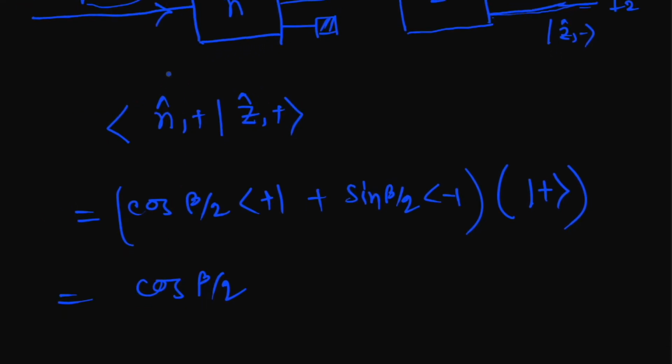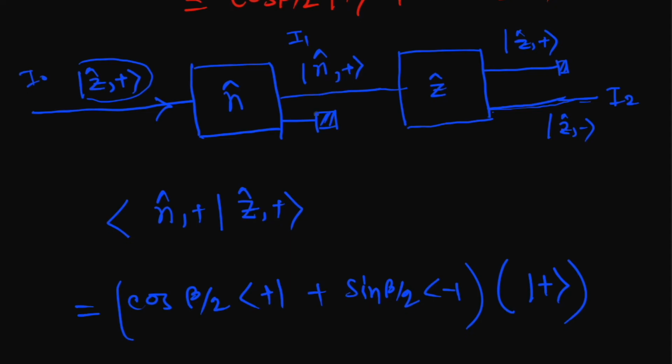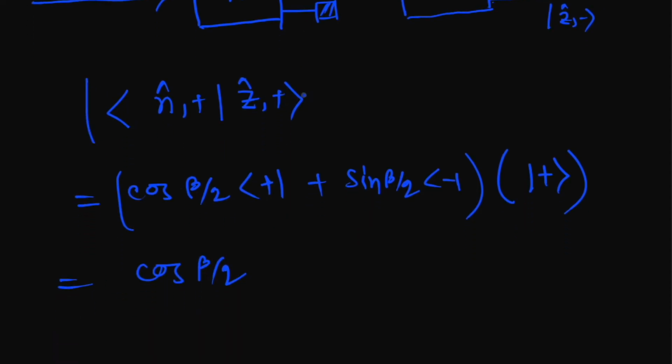Then the probability is the square of it, which will be cos square beta by 2.